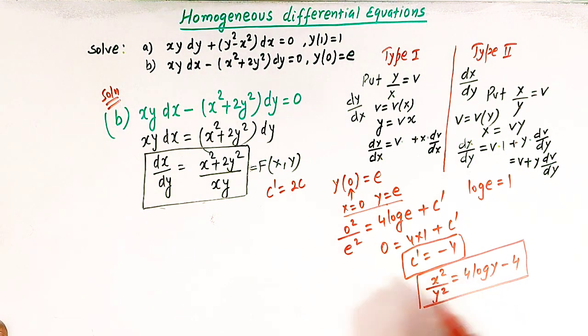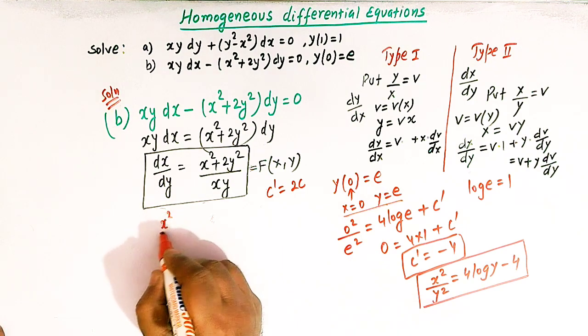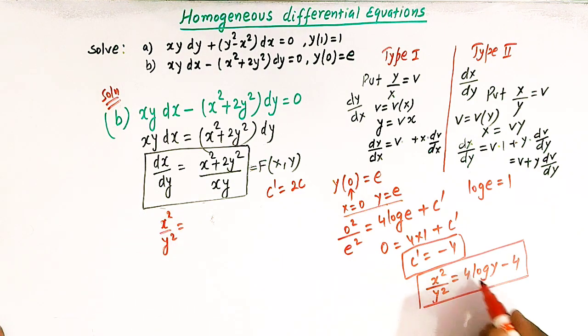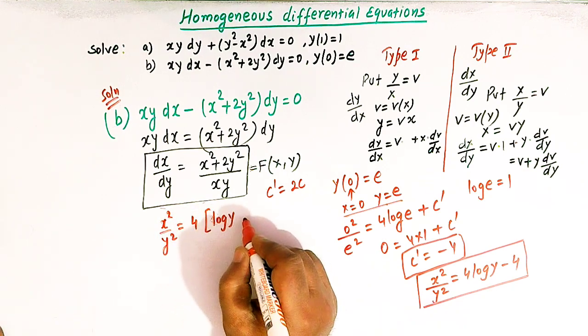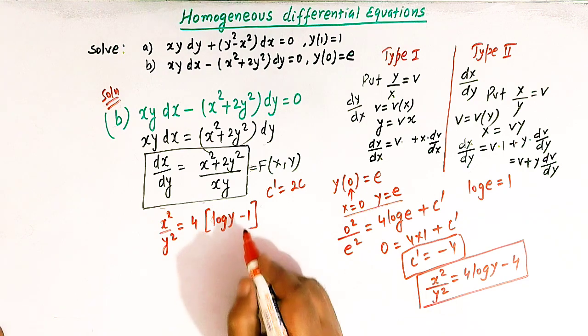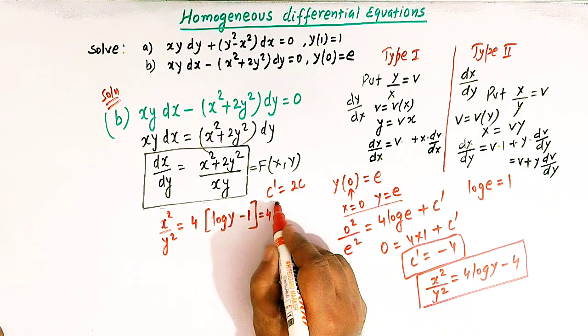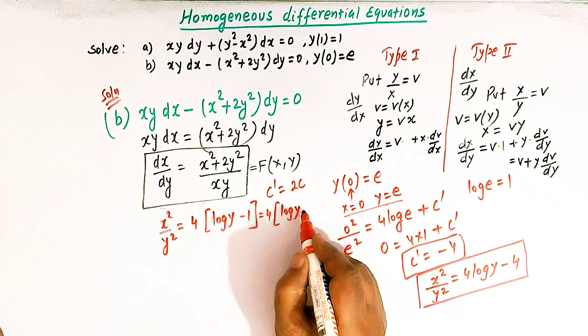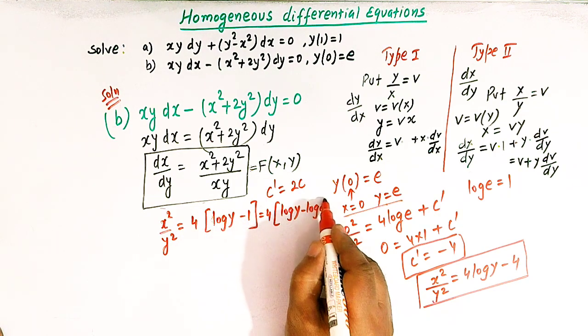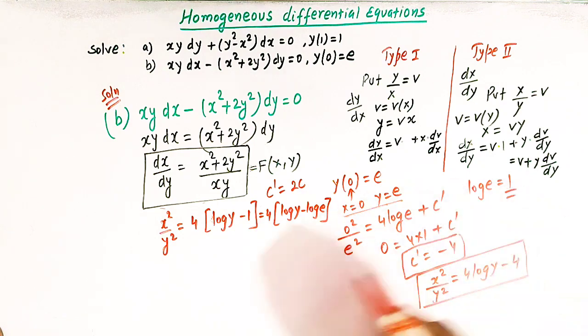We can also express this solution as x square over y square. Here taking 4 common, we have log of y minus 1, right? And 1 can be replaced by log of e, so we have log of y minus log of e, because log of e is equal to 1, right?